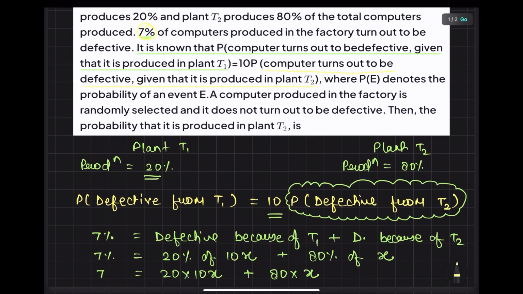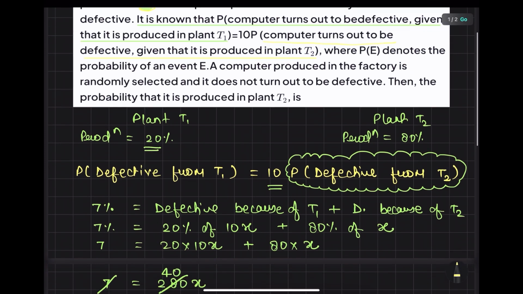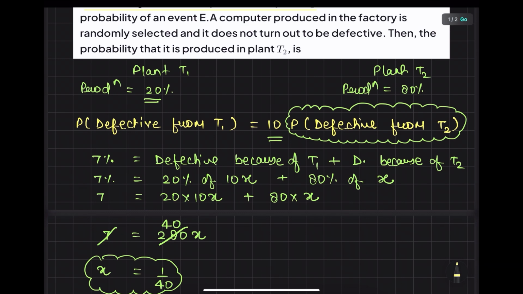Now, where P(E) denotes the probability of event E, a computer produced in the factory is randomly selected and it does not turn out to be defective, meaning it is a good one. Then the probability that it was produced in plant T2. You have many computers, some from plant T1 and some from plant T2, and you have selected one.